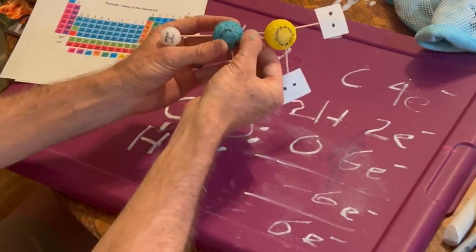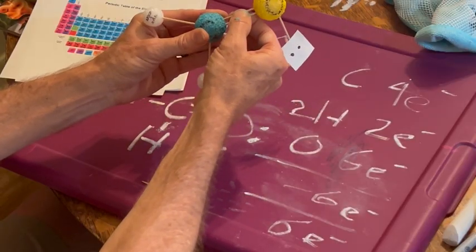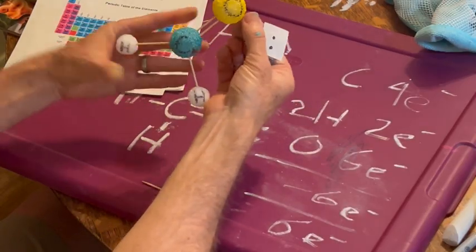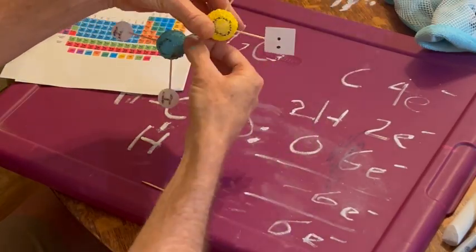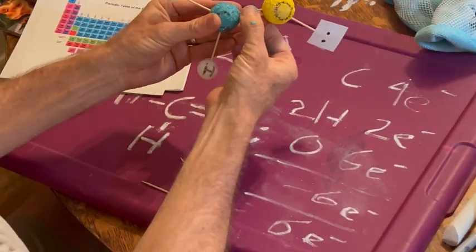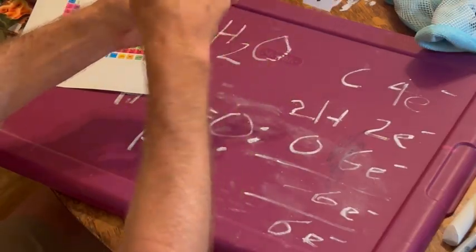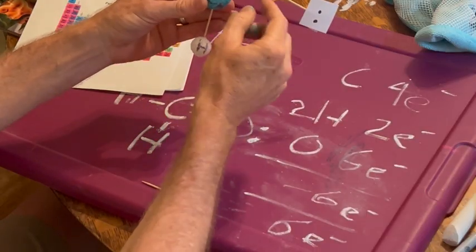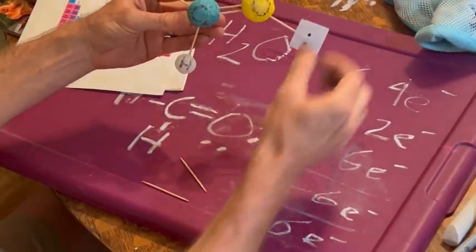Everything wants to be as far away as possible. So that means these guys are actually going to come drifting up here, and these guys will kind of spread out here. And you can see what you're left with is a 3-pointed plane, or a trigonal planar molecule.